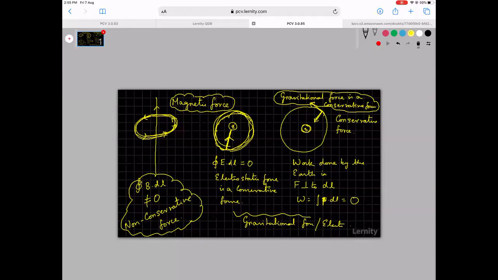We can say that it is a non-conservative force, that work is done in moving around the closed loop.